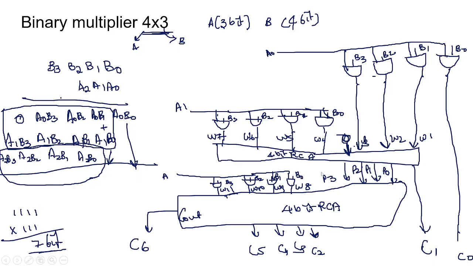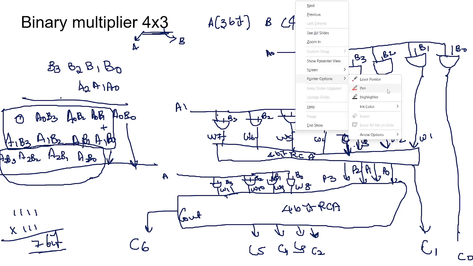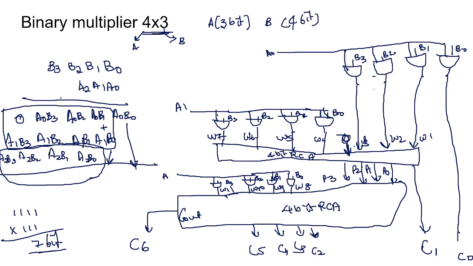Till this, is it fine? Shall we proceed to the code? What about P0, P1, P2, P3? Those are also wires. I'm mentioning W for the output from this AND gate, and then the product terms from this RCA I'm mentioning as P. It's just for variable names.